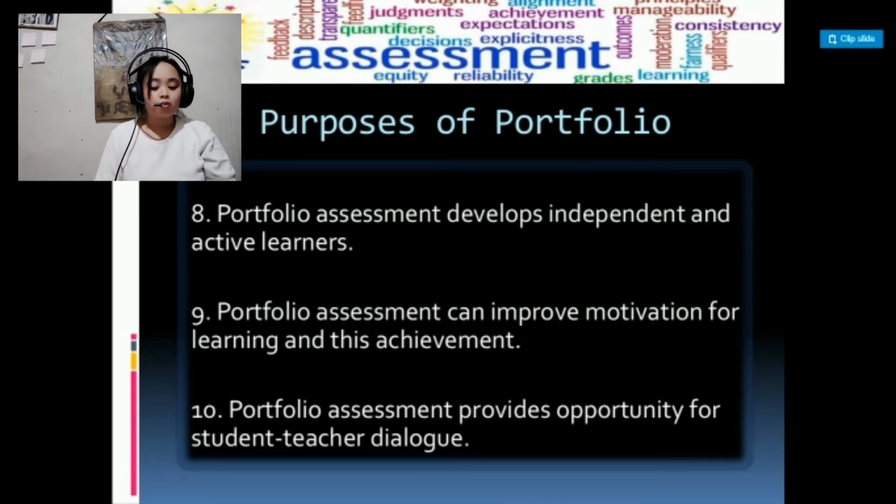Lastly, portfolio assessment provides opportunity for student and teacher dialogue, in which creating a portfolio will create a bond between the student and teacher, since they will help each other in developing it. From that, they will share the same goals and the learnings that they want to achieve.